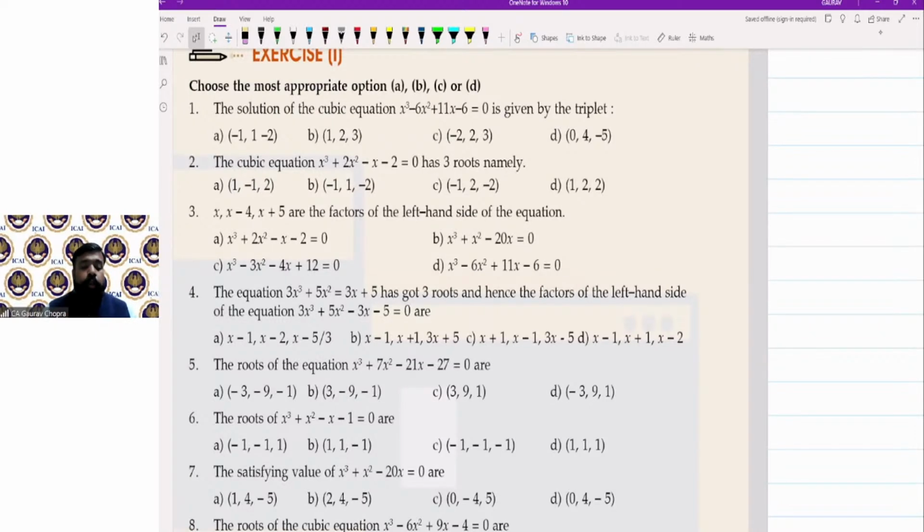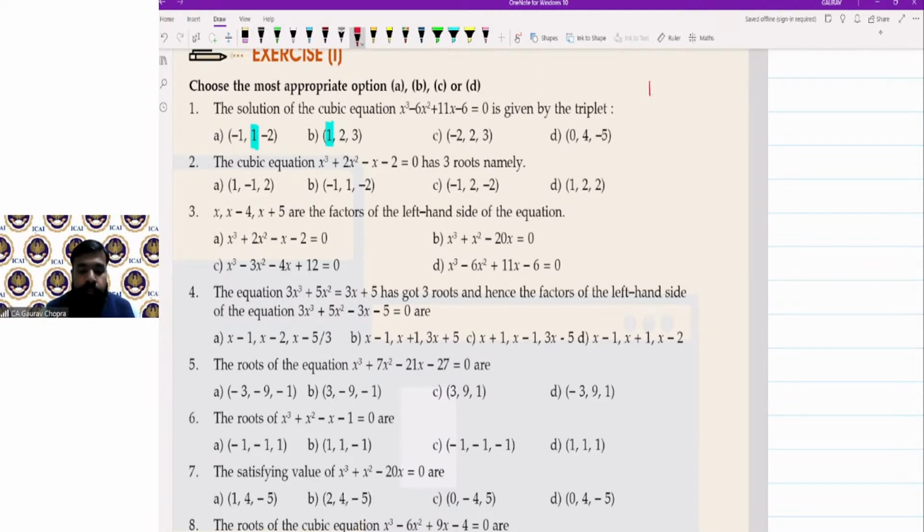So question number 1 is x cube minus 6x square plus 11x minus 6 equal to 0. So we can try 1 first because 1 is available in two cases, option A and B. -1 is only available in option A. So better to try with 1 first.